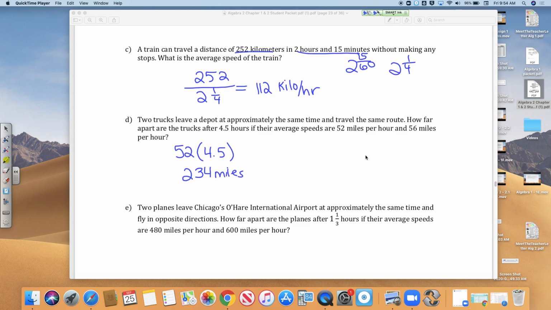For the second truck, it's going 56 miles per hour. So if I multiply 56 times 4.5 hours, I know that it's going to travel 252 miles. So if the first truck traveled 234 miles in that time, the second truck traveled 252 miles, I would subtract these two mileages, and my final answer would be 18 miles apart.